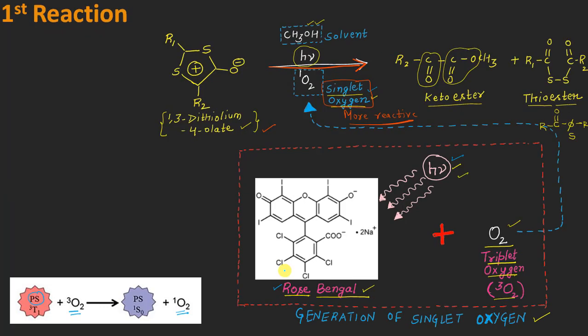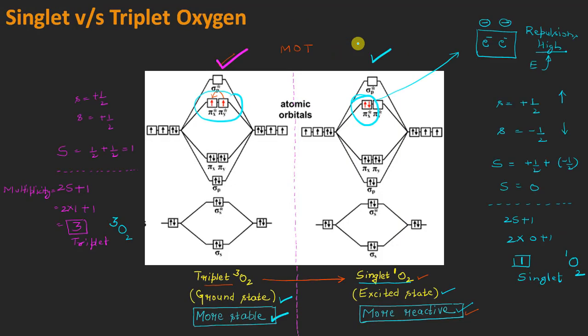Now let us talk about the actual mechanism by which we get this type of ketoester as well as this type of thioester by the photochemical reaction of our mesoionic molecule in the presence of singlet oxygen and methanol as the solvent. One more thing I want to add is that in going from the triplet oxygen to the singlet oxygen, we need some type of photosensitizer as well as some energy in the form of irradiation.